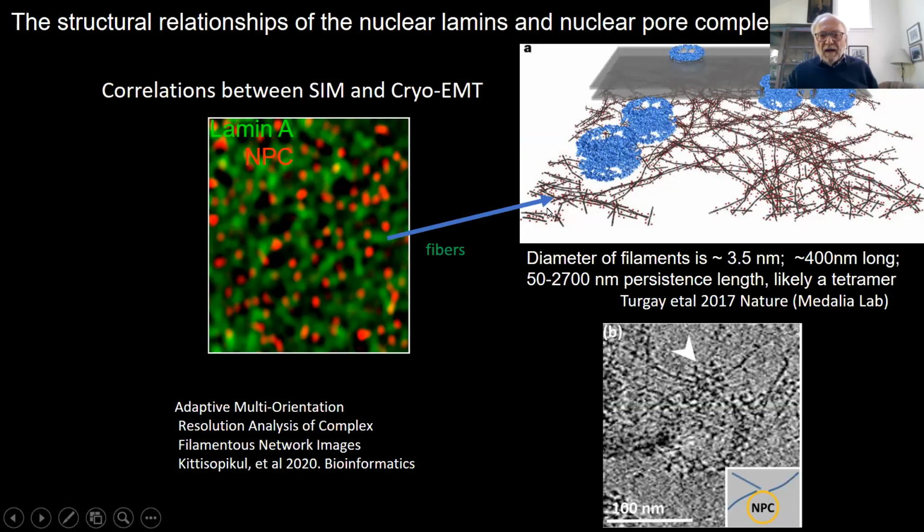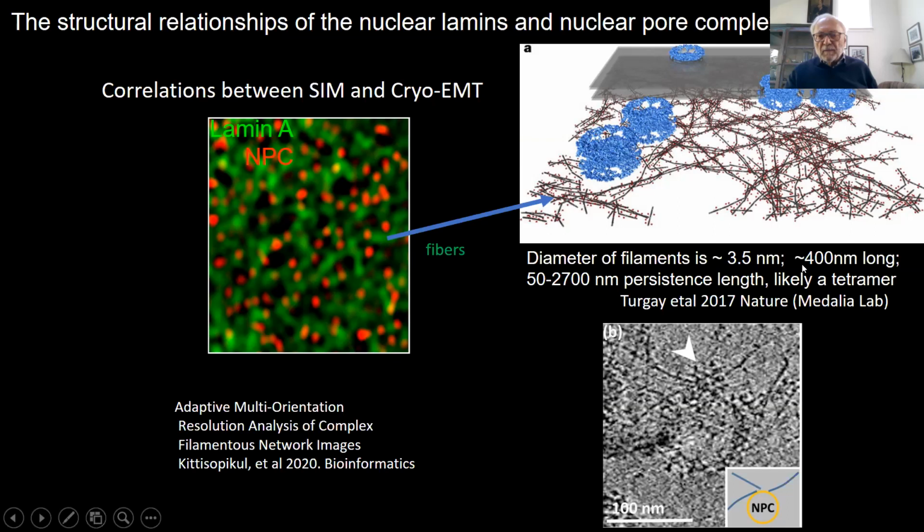And then a few years ago in Ohad Medalia's lab, Turgay, in a paper that we worked on with them that was published in Nature, we discovered that in fact the lamins, rather than being bona fide 10 nanometer intermediate filaments, were in fact only 3.5 nanometers in diameter.